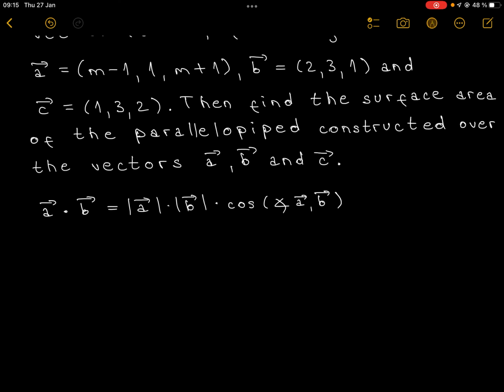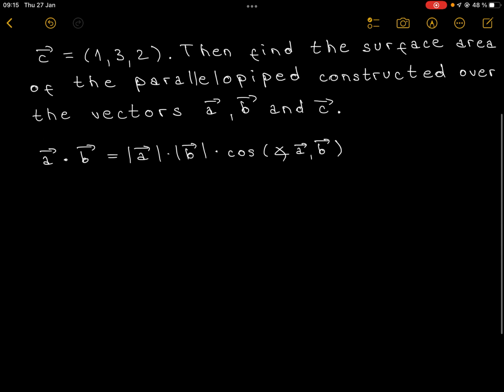Okay? So, in order for two vectors to be perpendicular to each other, this dot product must be equal to 0. And since we're dealing with non-zero vectors, this means that the cosine of this angle must be 0.